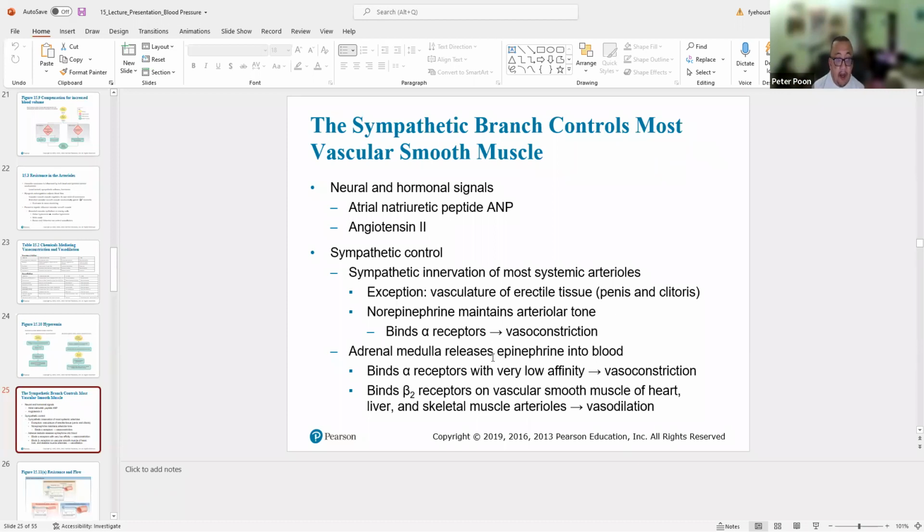The more important thing is epinephrine binds the beta-2 receptors on the vascular smooth muscle, skeletal muscle arterioles, which then causes vasodilation. The beta receptors override the response from the alpha receptors, and therefore you get massive amounts of vasodilation only where you need it. So heart, more blood, more pumping.